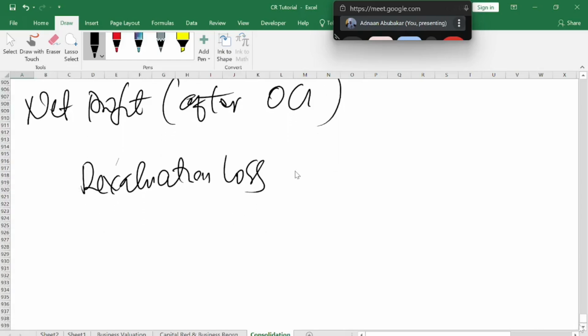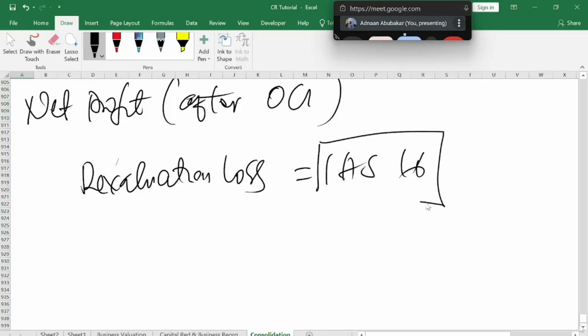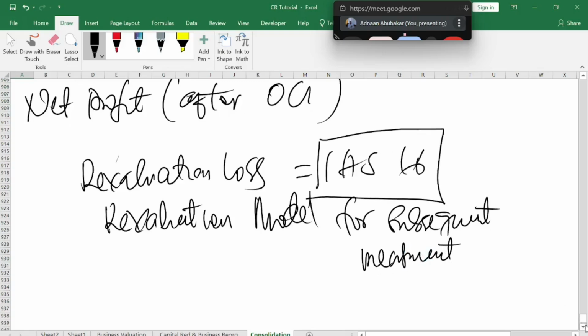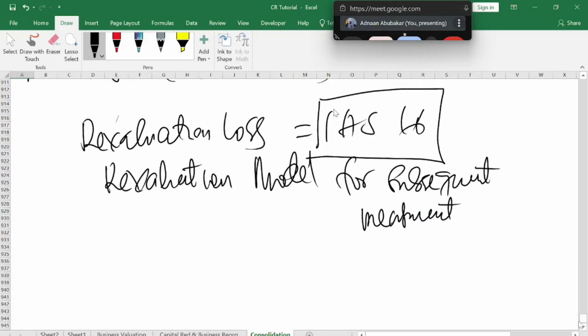This is under IAS 16. Under IAS 16, where a company adopts what we call the revaluation model for remeasurement or subsequent measurement of its asset or PPE, what could possibly affect the value of the PPE or asset?